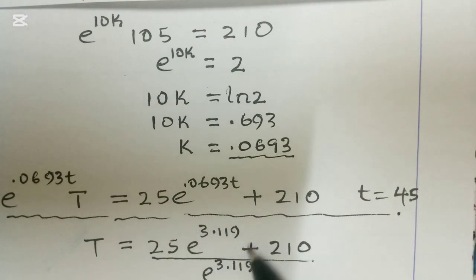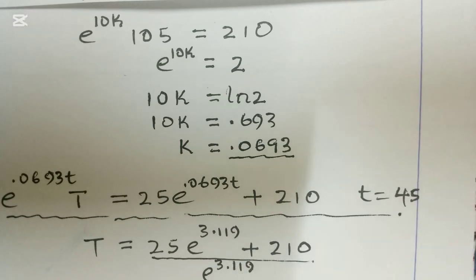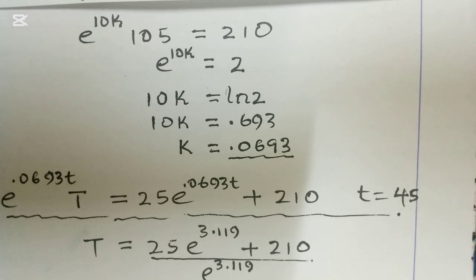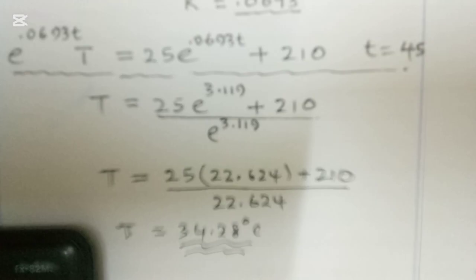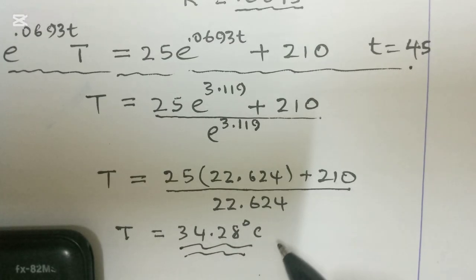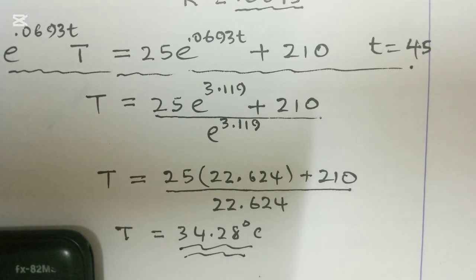So this is 22.624 plus 210, and this side is also the same. So finally, guys, when you do that, you'll get this as our temperature. This is now going to be our temperature, guys. Thank you for listening to me. Bye bye.